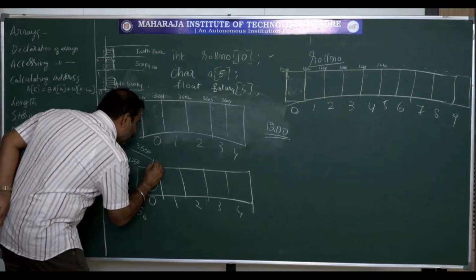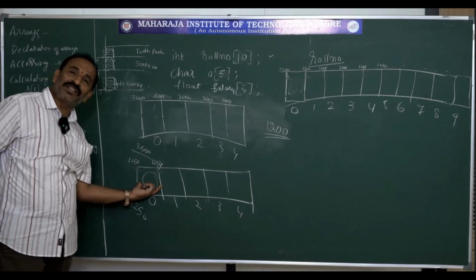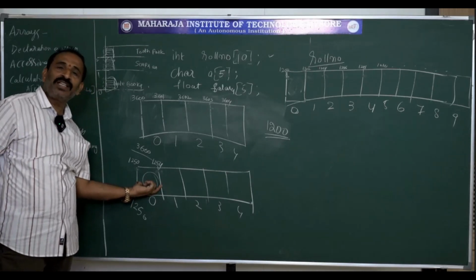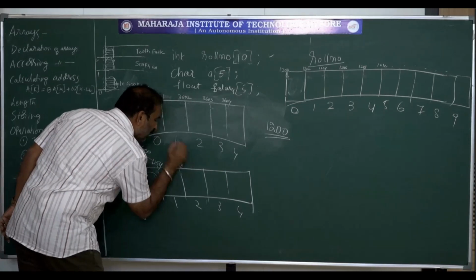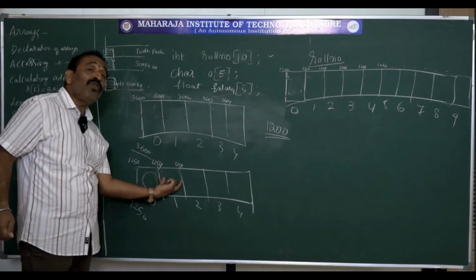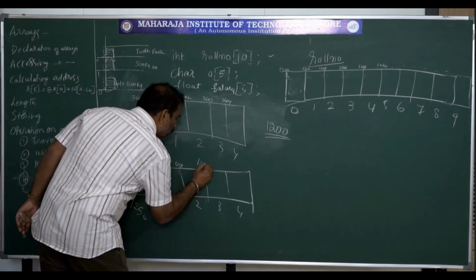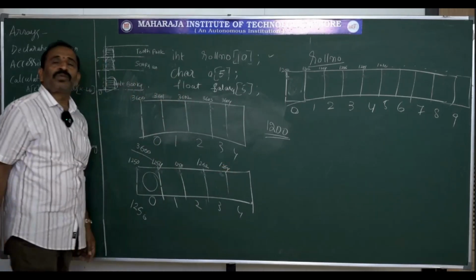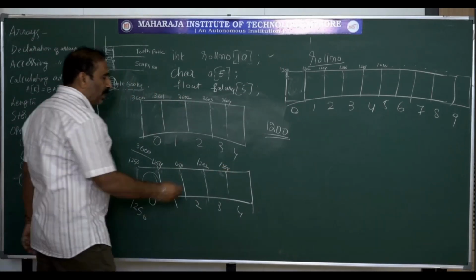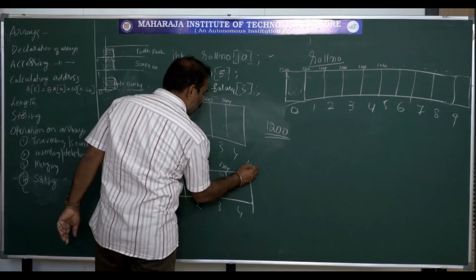The second element is at 1254 because this is taking 4 bytes. Right? Next, this takes 1258 because this is taking 4 bytes. This is taking 1262, 1264. And which is the ending? This is 1267.